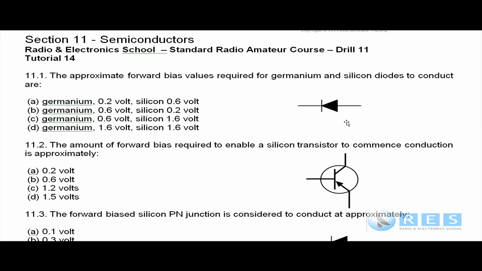If the diode is made of silicon, the forward voltage necessary, you'd have to put negative on the cathode, positive on the anode, to get current to flow from left to right, from anode to cathode. If it was silicon, it would be 0.6 of a volt. If it were germanium, it would be 0.2 of a volt. So the correct answer is germanium 0.2, silicon 0.6, and that is answer A.